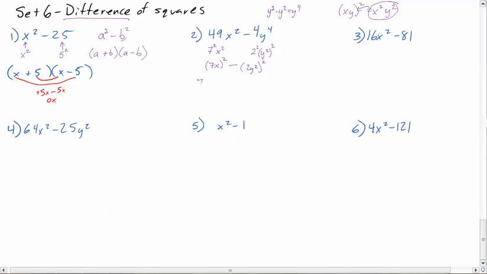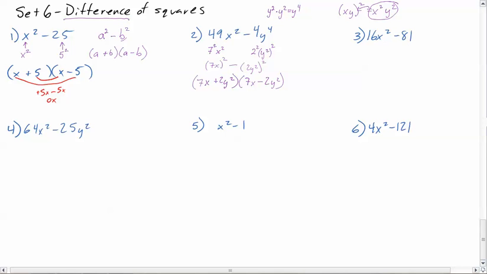And so it's a, oops, I was thinking a plus b times a minus b. And if you were to FOIL this out, you would find that you would get the same thing, because the plus and the minus would cancel themselves out in the middle. All right, so again, we're looking for things being squared, and if everything is being squared, we can split it up to the 7x and the 2y squared.